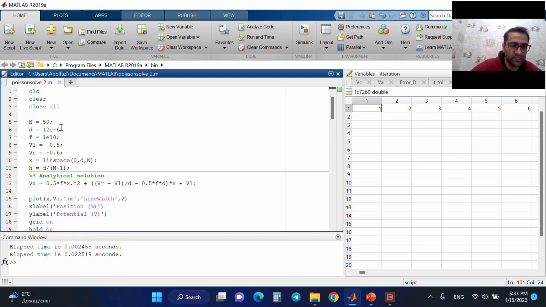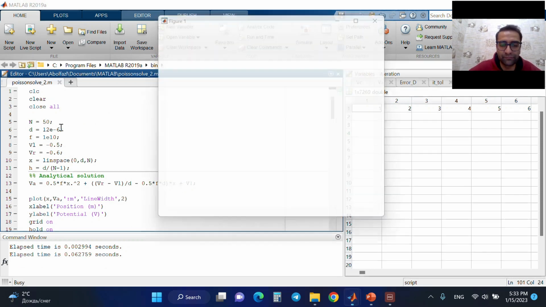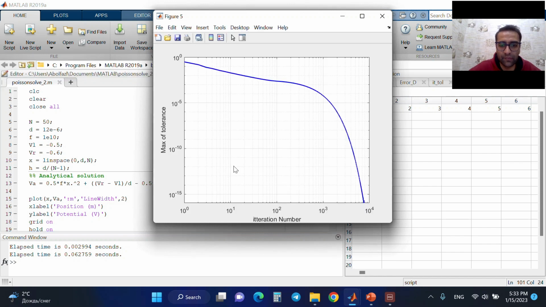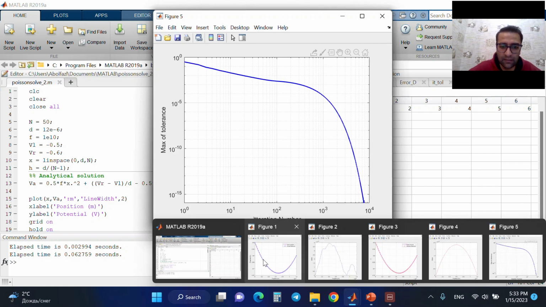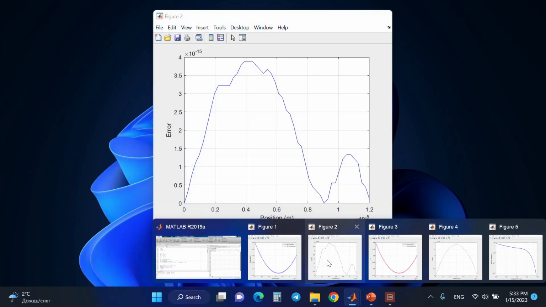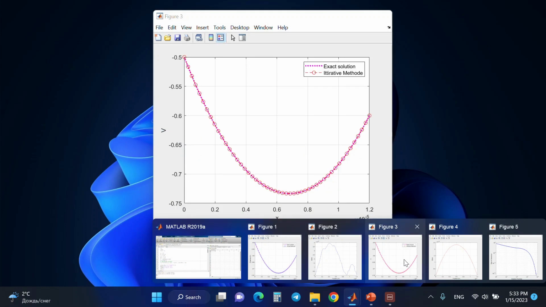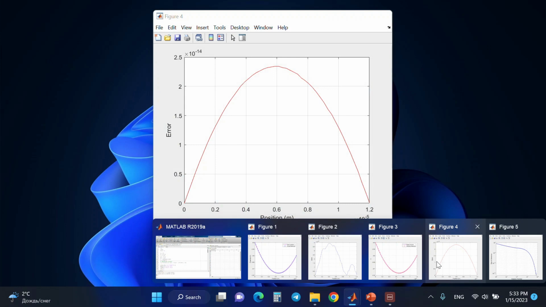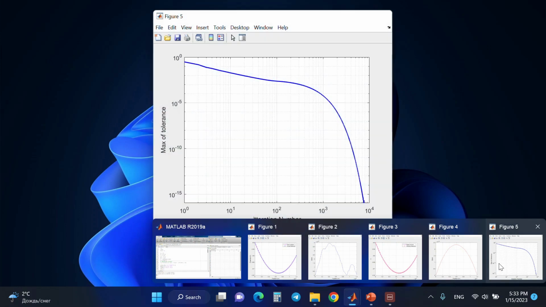Let's check everything. Press F5. Yeah, everything is okay. This is the direct method exact solution, error of direct method, iterative method and exact solution, error of iterative method, and this is the convergence.